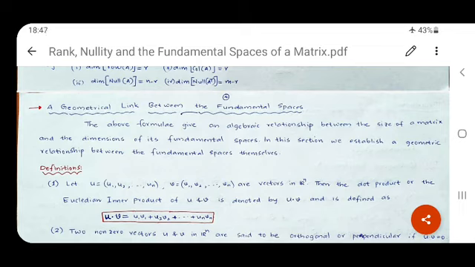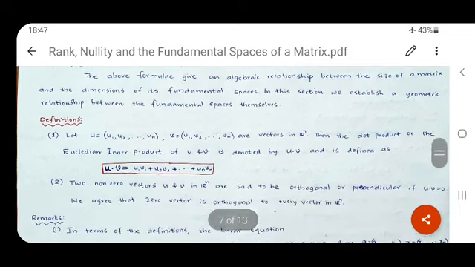You can compare this with the dot product which you have studied in vectors. You have already studied vectors where you defined the dot product also. The same dot product is extended to vector spaces.